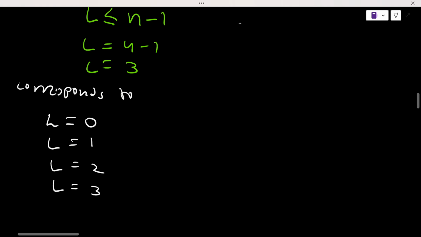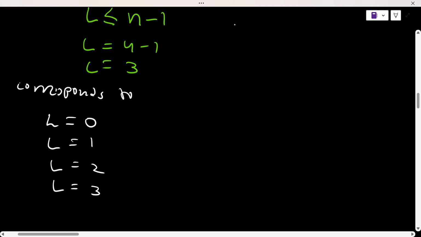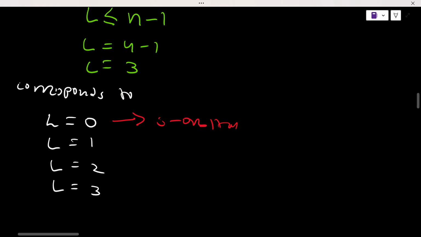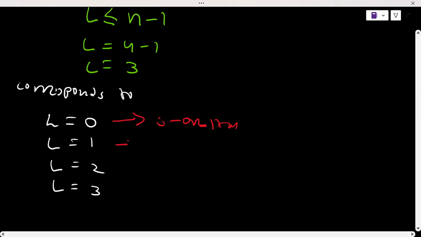So if that's the case, what does that mean? It means that when L is equal to 0, I'm referring to the s orbital. When L is equal to 1, I'm referring to the p orbital.